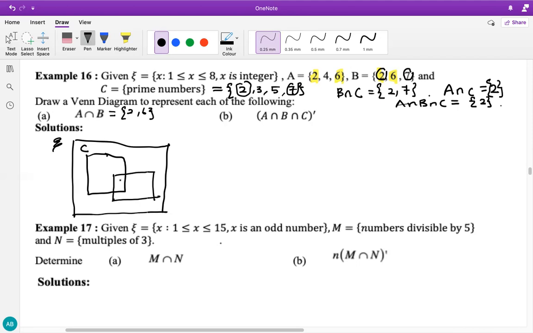Sorry, 6. Okay, so this is B. So here in the middle is 2. Something's wrong.